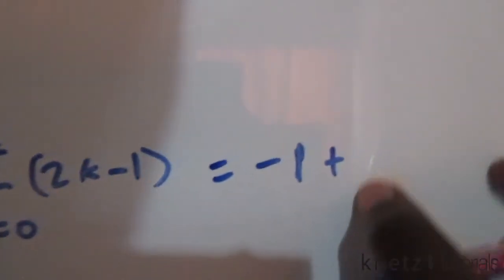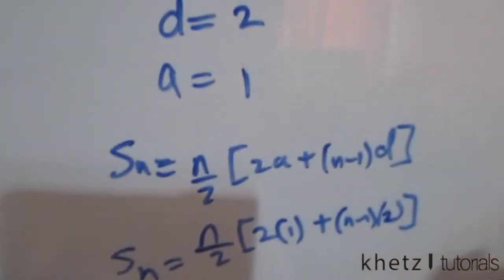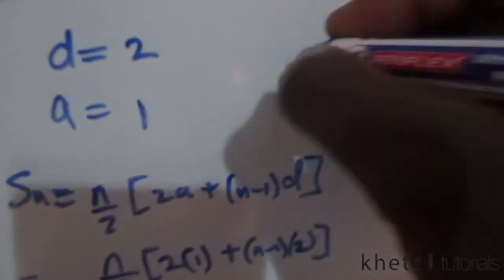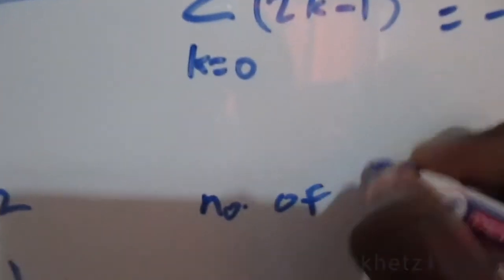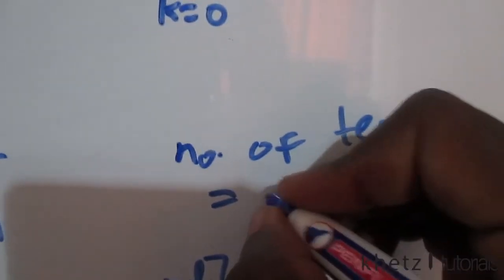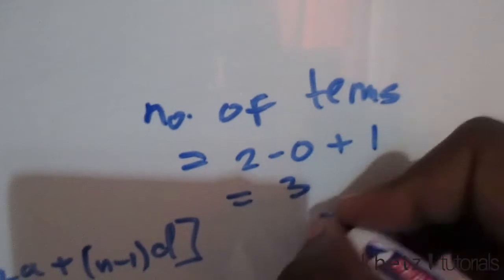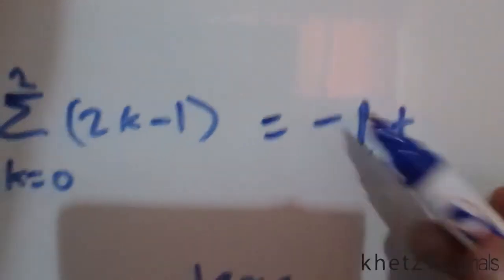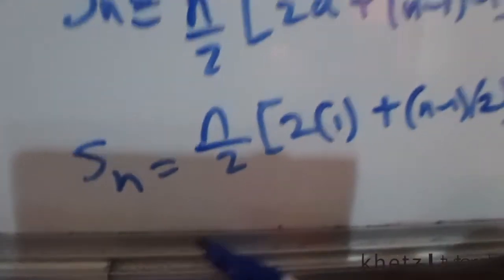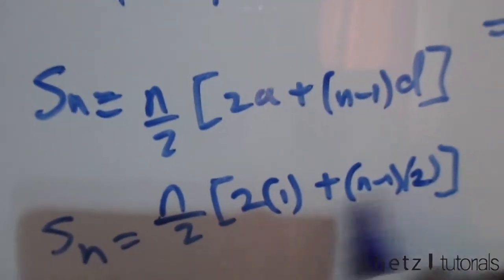Now we're going to add everything else, not individually, but just using this formula over here. So let's find the number of terms in this sequence. You have the number of terms equal to 2 subtract 0 plus 1, which means the number of terms is 3. Now that we already have 1 term here from the 0 point, we just have to find the sum of the next 2 terms.